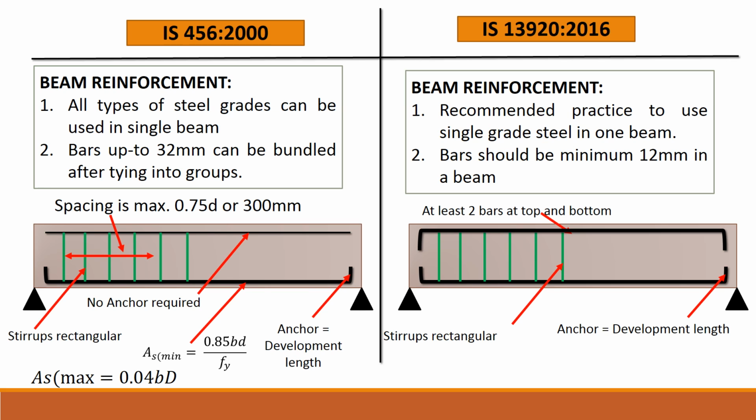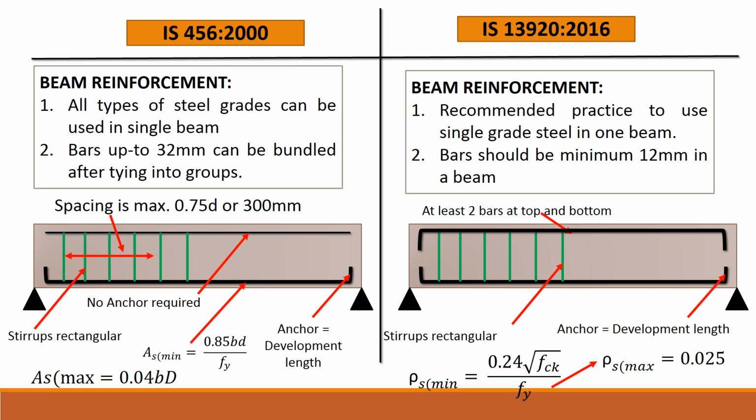Next, the minimum reinforcement percentage that we take here is 0.24 root fck by fy as per IS 13920, and the maximum is 0.025.